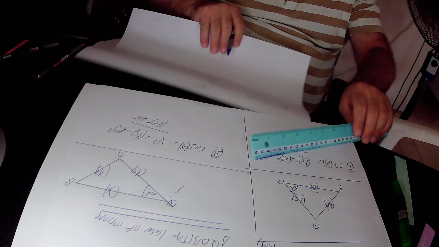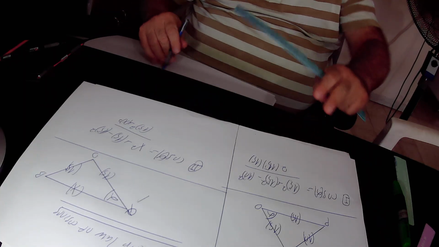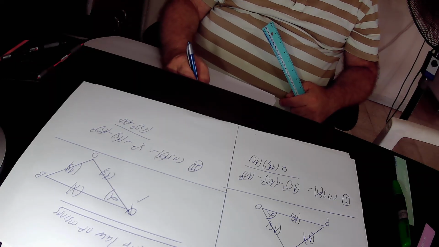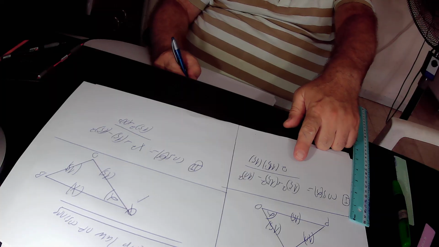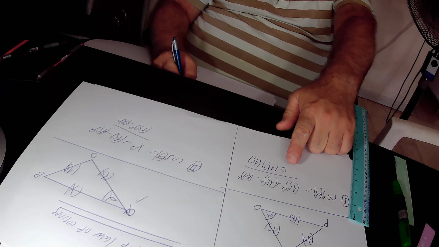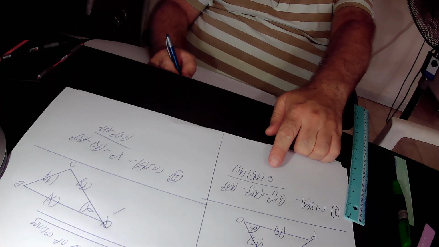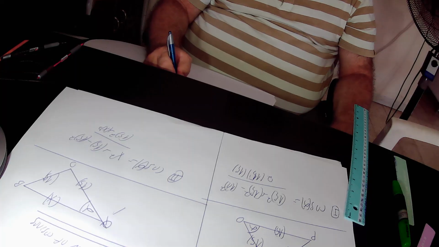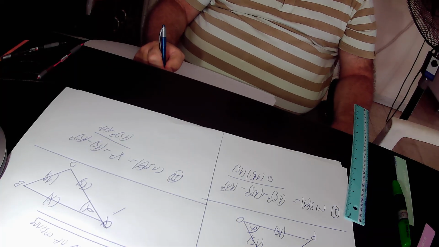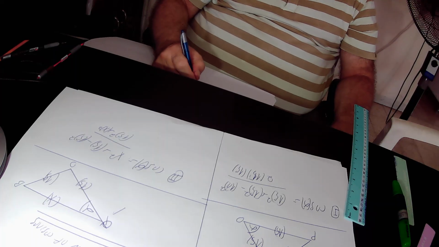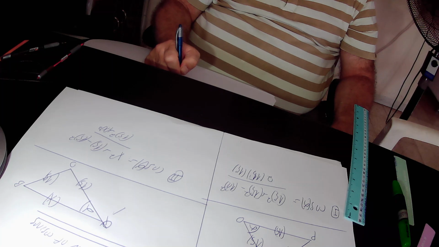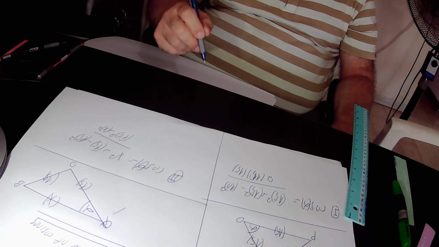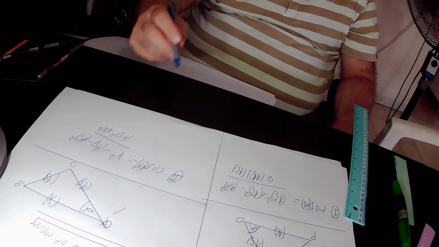So cosine alpha according to equation 1 equals 15 squared plus 15 squared minus 10 squared over 2 times 15 times 15. And it must be equal to cosine alpha according to equation 2.